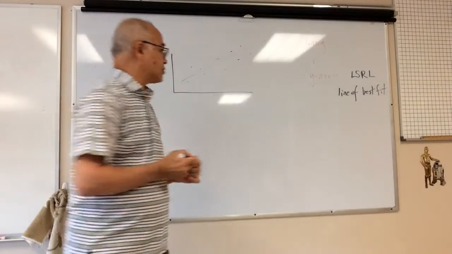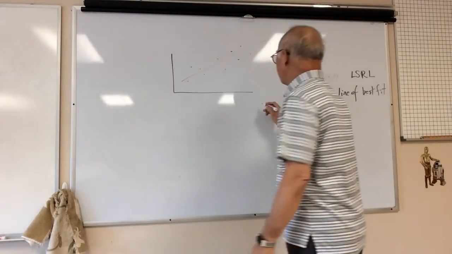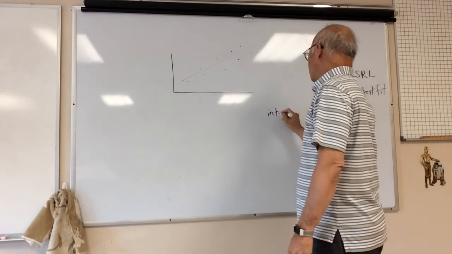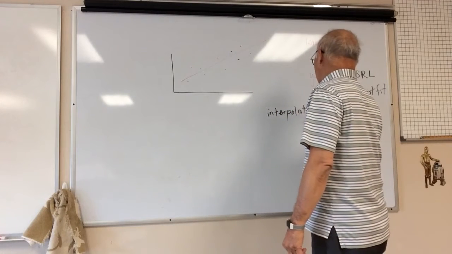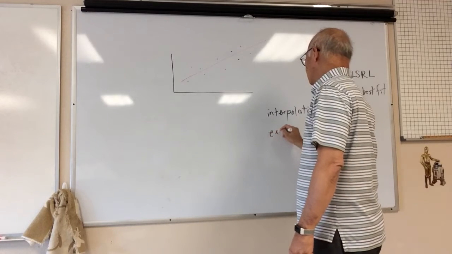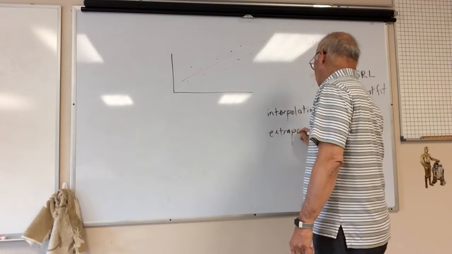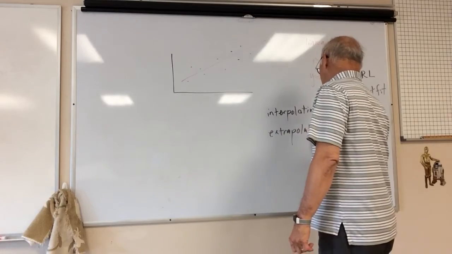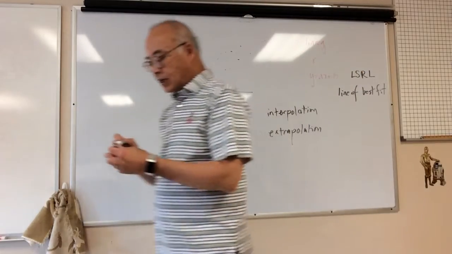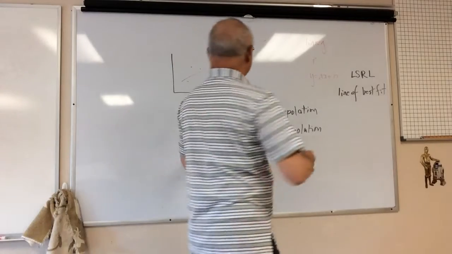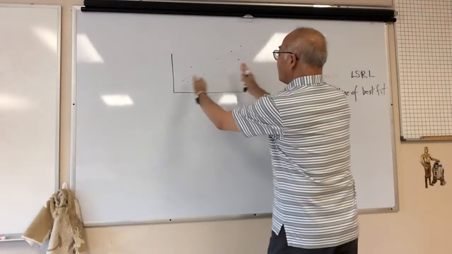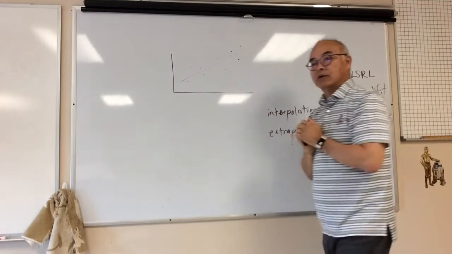Now also, not in the book, I should explain the two prediction models: interpolation and extrapolation. Interpolation is when you predict within your data boundary.